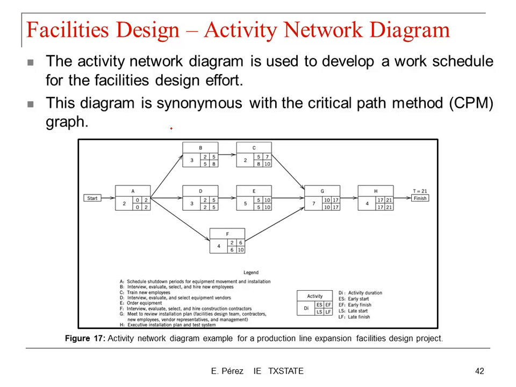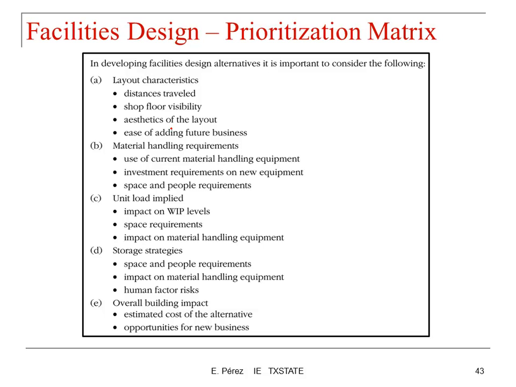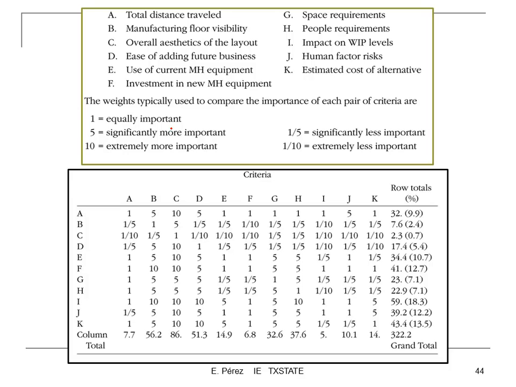The next one is called the prioritization matrix. So we can list some alternatives that are important to consider for the problem. So for instance, layout characteristic, material handling requirements, unit load implied, storage, warehousing, and so on. And then we can create a matrix.